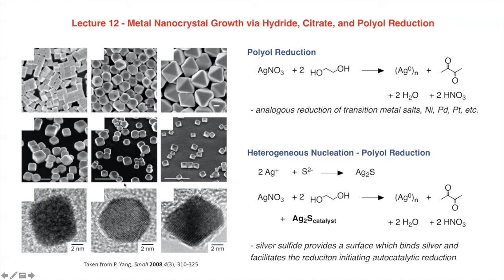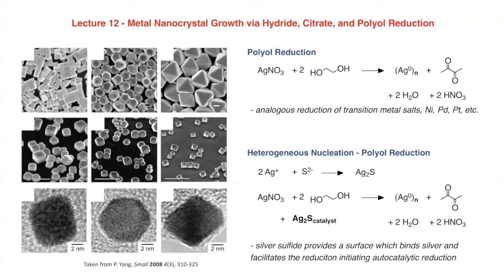There's a variety of different strategies for making metals of this kind, but one of the most widely practiced is the alcohol-based reduction of a metal salt. I've shown an example where ethylene glycol is used to reduce silver nitrate to make silver metal, producing this butanedione byproduct.